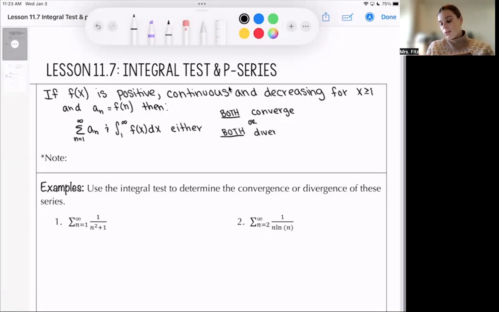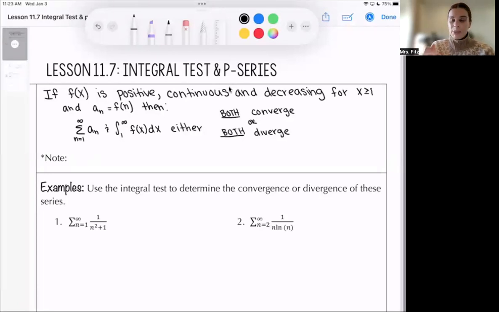So essentially, what we're doing here is we can set up an improper integral and determine whether that improper integral converges or diverges, which then tells you whether the series converges or diverges.